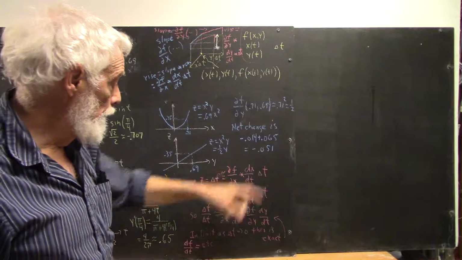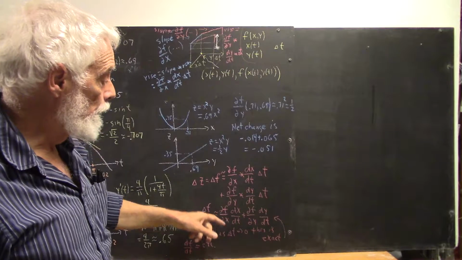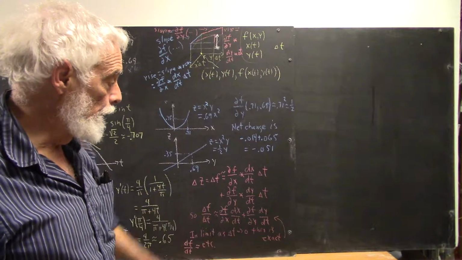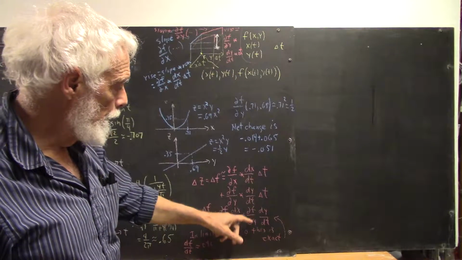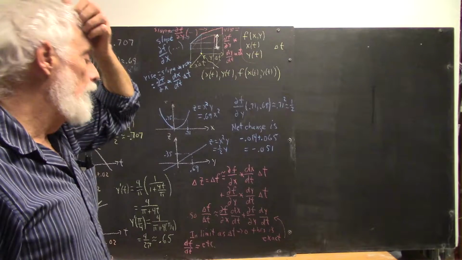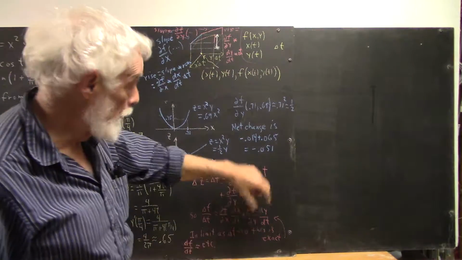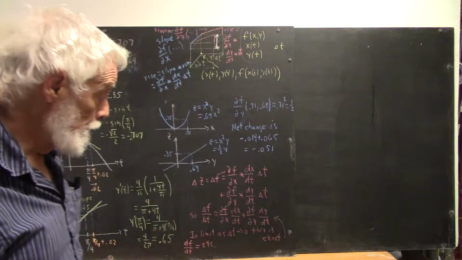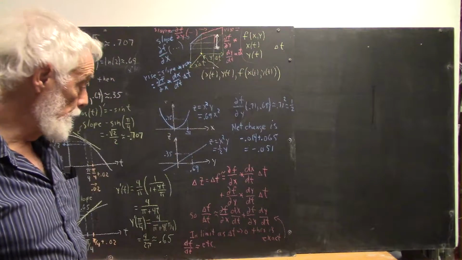If we divide through by delta t, we get delta f over delta t equals partial f with respect to x times derivative of x with respect to t. Looks like a chain rule, doesn't it? And partial of f with respect to y times the derivative of y with respect to t. We have to add the change due to the motion in the x direction to the change due to the motion in the y direction, due to the change in the y coordinate.